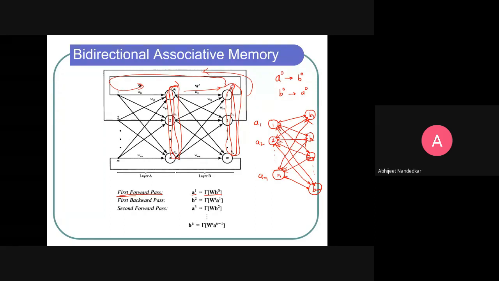Okay, so you can see here the first forward pass, it is from B to A. Suppose B is given to you, say this vector is B0. So this whole B0 is fed back. B0 will come here. It will get multiplied with this W. So the net available here for all these neurons is given by WB0.